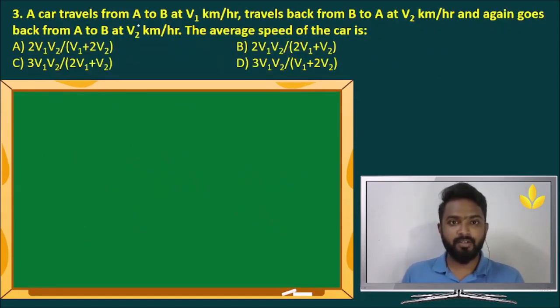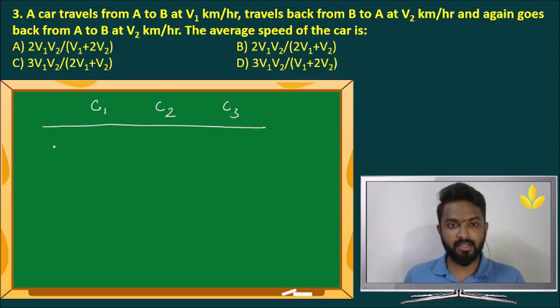A car travels from A to B at V1 km per hour, travels back from B to A at V2, and again goes back from A to B at V2. Average speed of the car is what? This is a very interesting question. So we have case 1, case 2, and case 3. In all the cases, the distances are same.